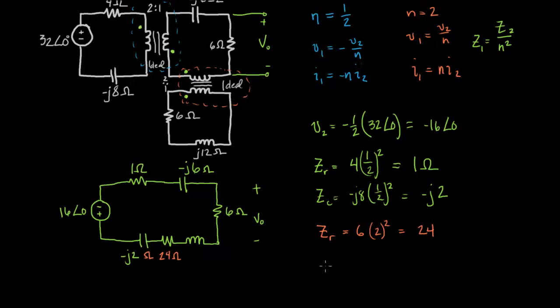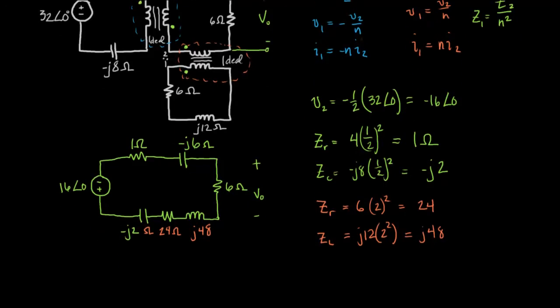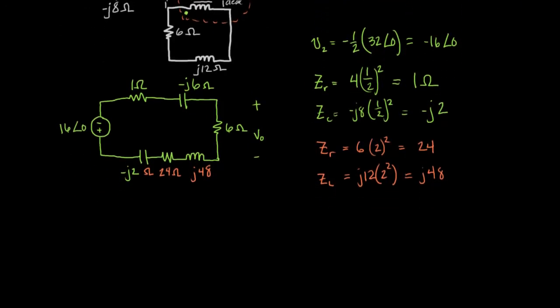And then the inductor, if you just plug that in, you'll find that the inductor is J12 times 2 squared. So that's 48. Okay, and that's basically it. This is now solvable using any method that we've used before.